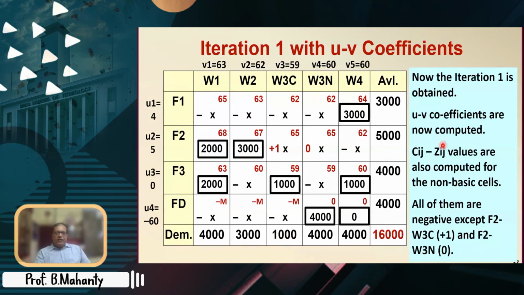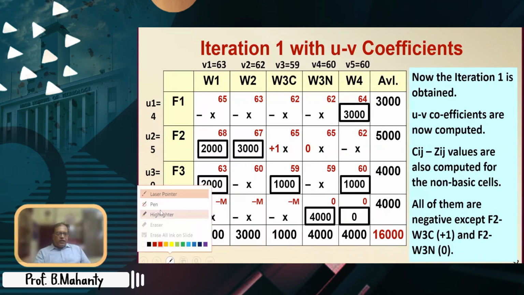so many of them are minus, but 2 of the squares, you see, one is plus 1, another is 0. So this square is a good square. So we have to make an entry here. So if we increase here, how the closure is obtained? So F2W3C goes up. Let us put that with a pen.